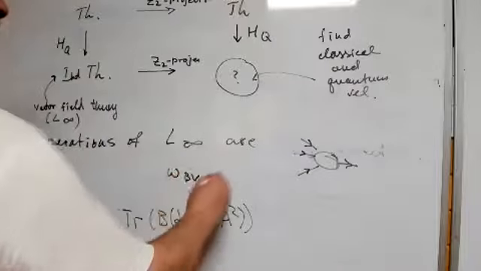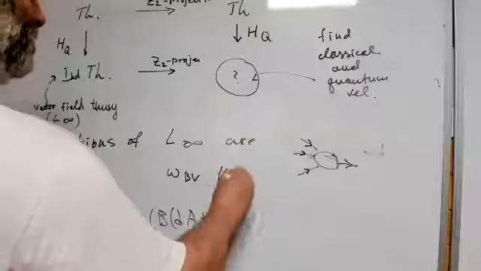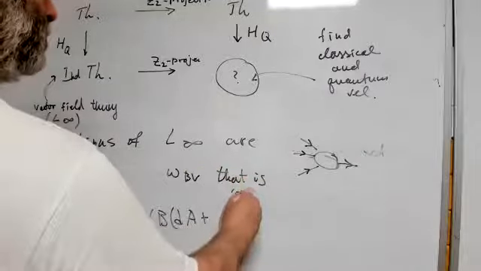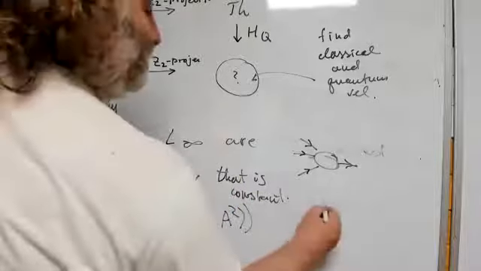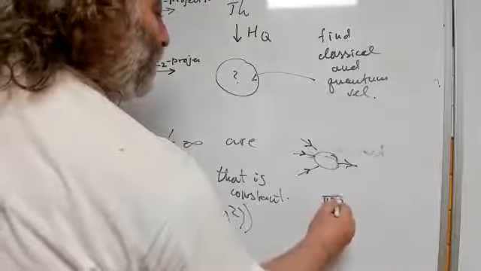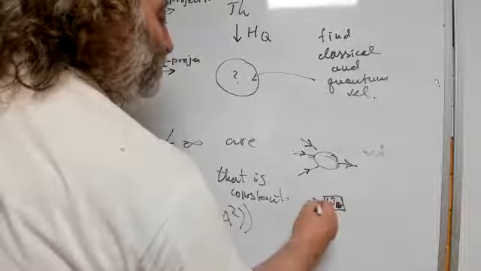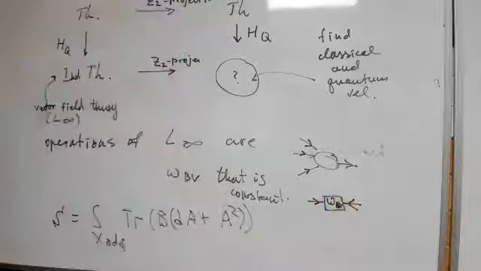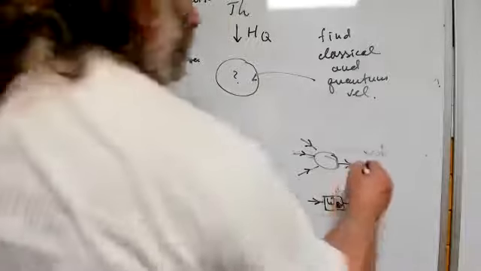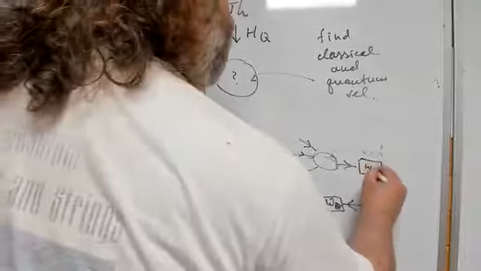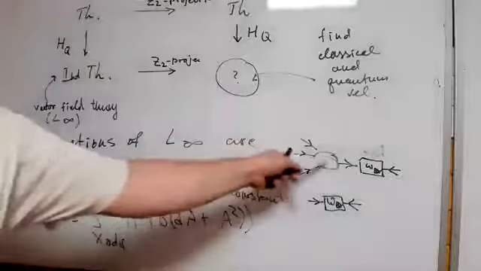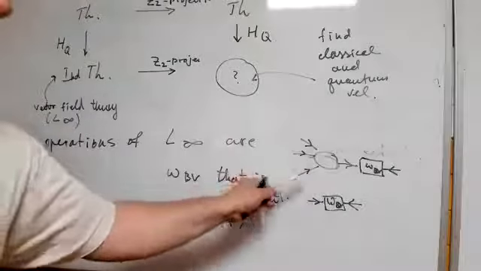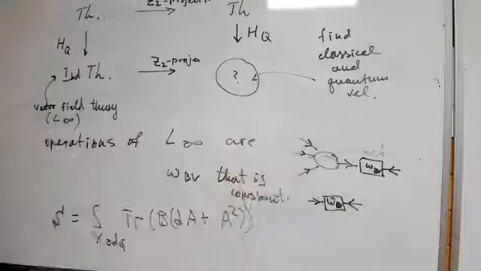If you have omega BV that is constant, it means that you have omega BV of this type. So from the vertex that has inputs and one output, you can form such a vertex.